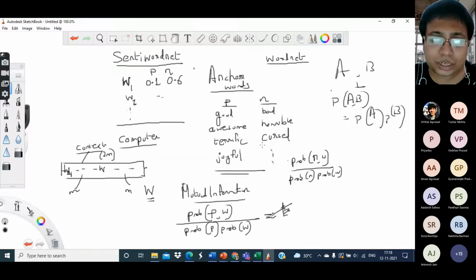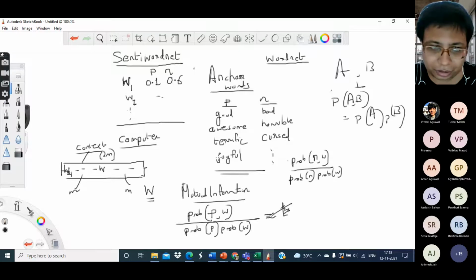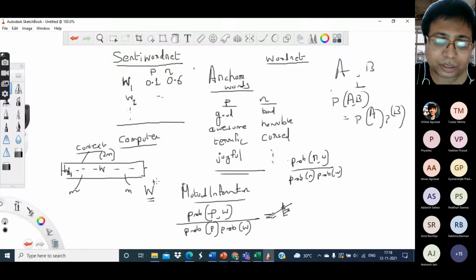So that is to say, if it turns out that this usually goes with positive words, and it's less likely to appear in the context of a negative word, then accordingly this word W will be induced a slight positive polarity.